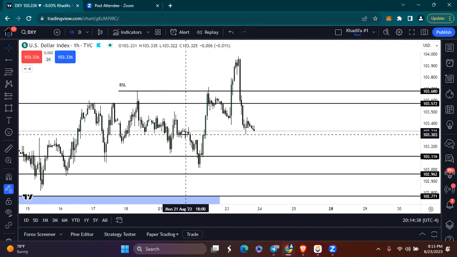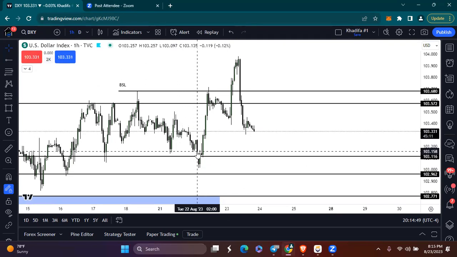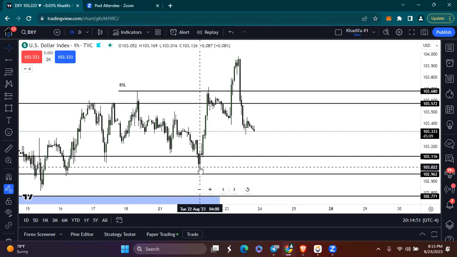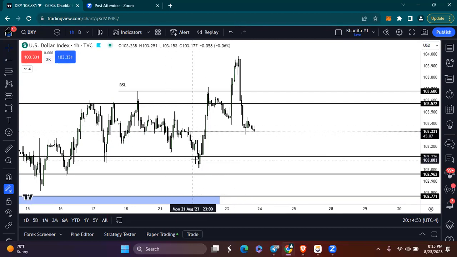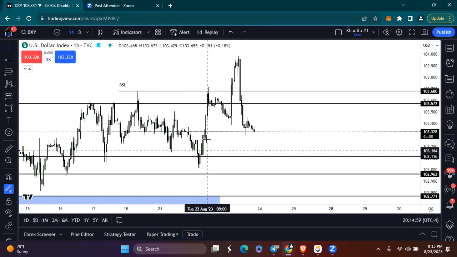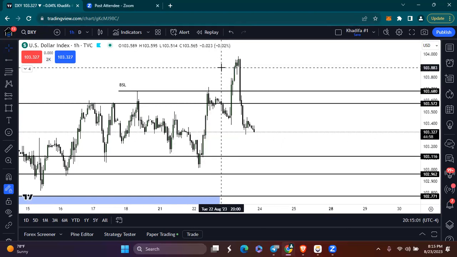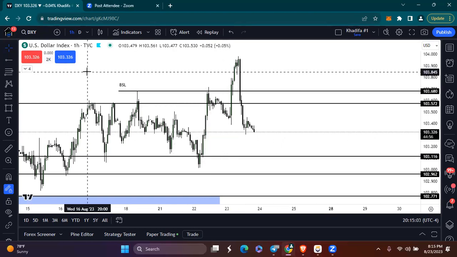And at that time we was still waiting for that first level of 103.16 to get breached. And we got that going into London markets. We got that breach, and then we seen price reverse off of that first PD array level and give us that run up to run last week's buy side liquidity.